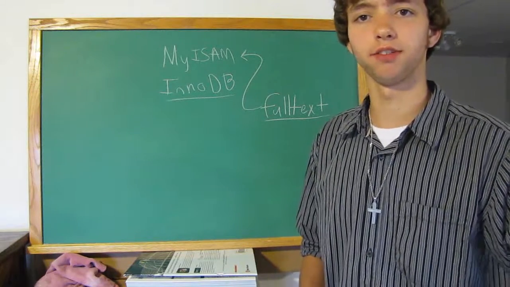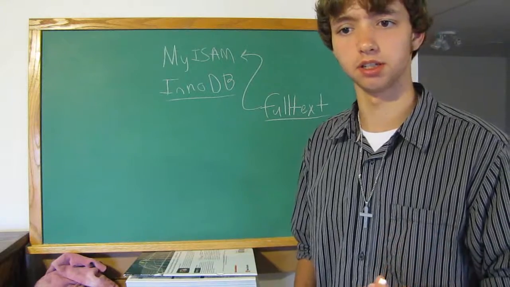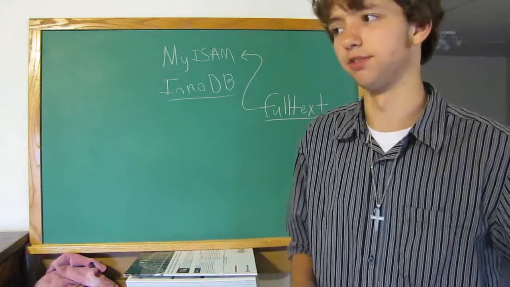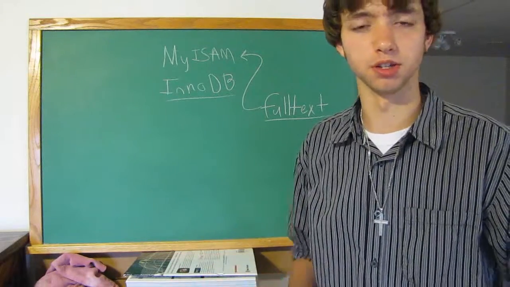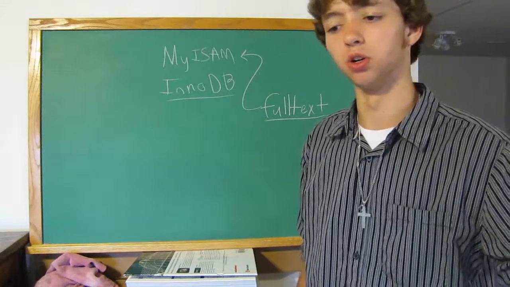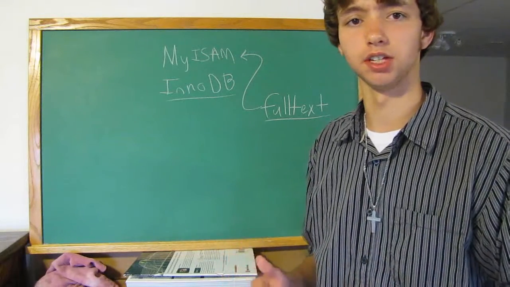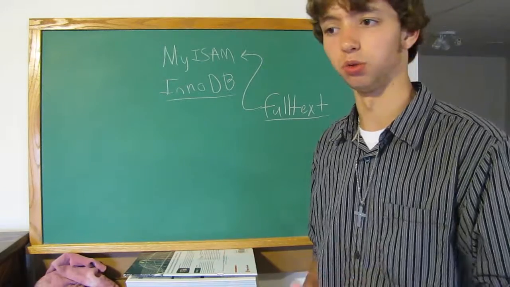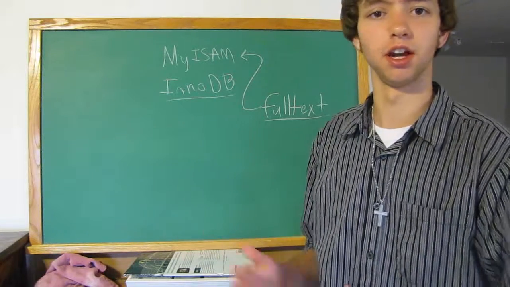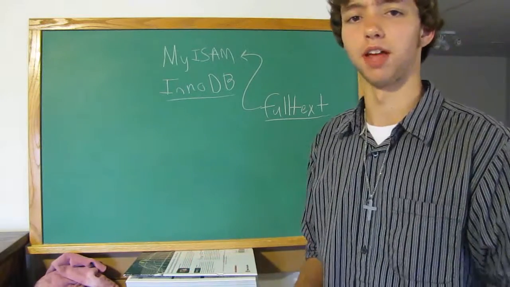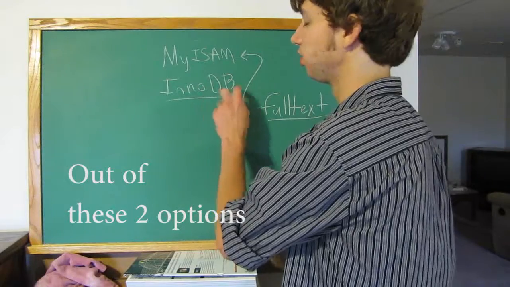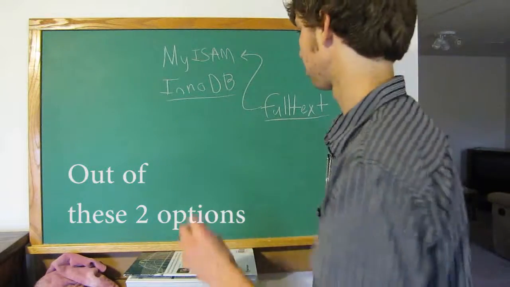Now what if you take the $500 from somebody's account and then your computer crashes and it screws everything up, and now you don't know whose money is whose and what's going on? Well, if you have a transaction, it won't save anything unless the transaction is completed. So it will be like start transaction, minus 500, plus 500, and then the transaction is over. That's an example of a transaction, and only this one, InnoDB, supports transactions.